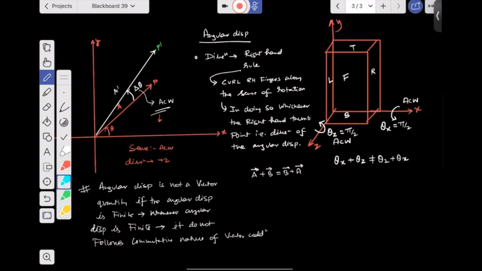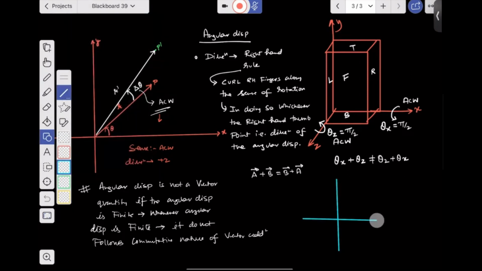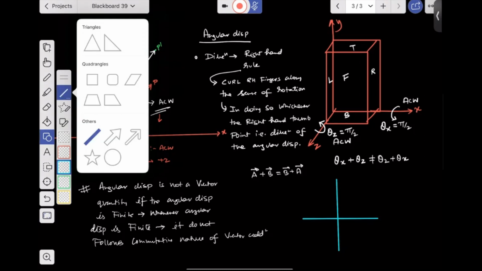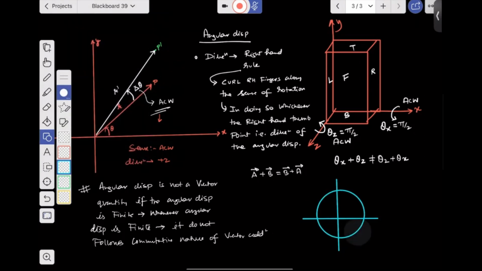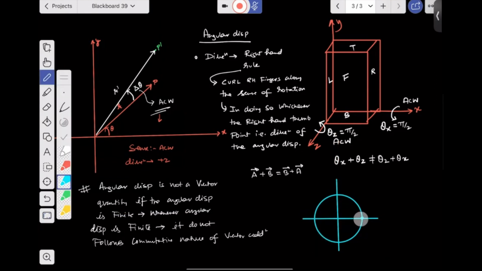For example, if I ask you, there is a particle moving along a circular path, and suppose the center of the circle is at the origin, and the particle starts from this point which is on the x-axis and undergoes one full rotation and again comes back to this final point, the same point.